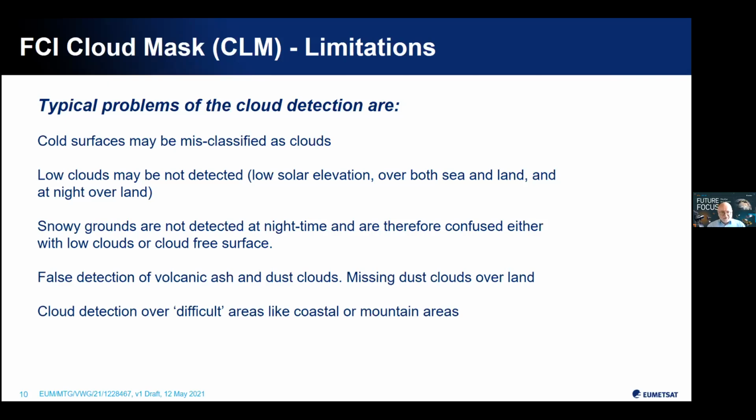False detection of volcanic ash and dust clouds, or the non-detection of dust clouds over land, is a problem. And different surface types, like coastal areas or mountain areas, bring difficult situations for detecting clouds.